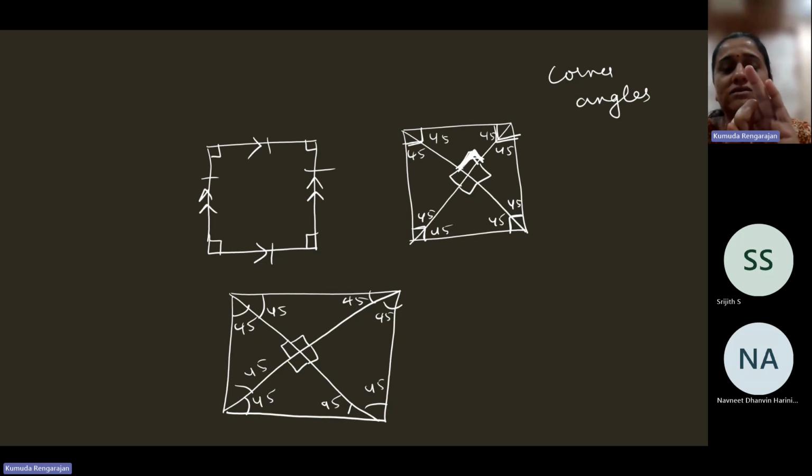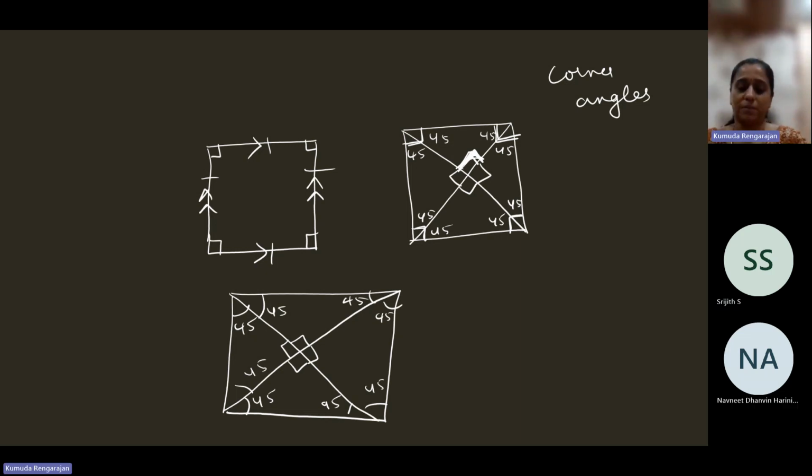Diagonals bisect each other. Diagonals meet at right angles. Diagonals bisect the corner angles. Opposite sides parallel. All sides equal. All angles equal. Correct? Diagonals, they bisect at right angles.